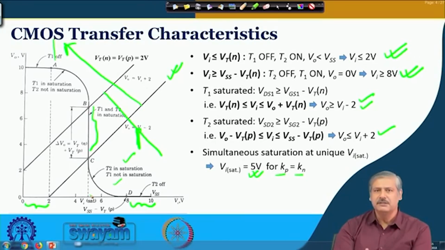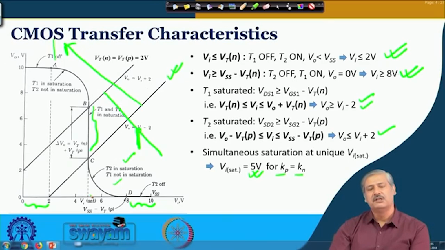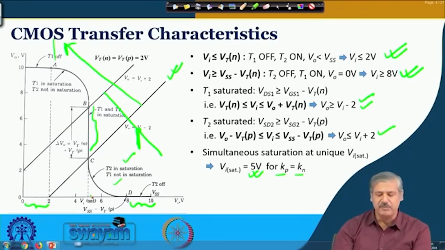In actual practice, it will be a little bit tapered, it will not be an abrupt jump like this. So this is how the CMOS transfer characteristics work, and from that we can define VIL, VOH, VOL, IOH, all those things.